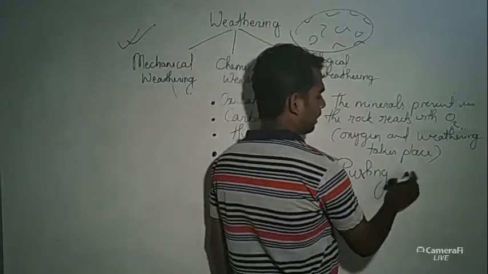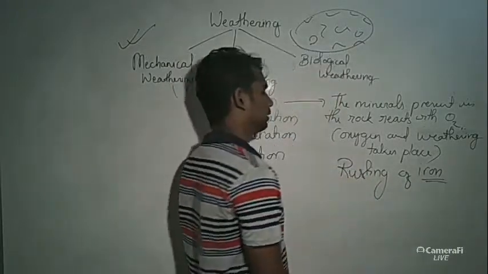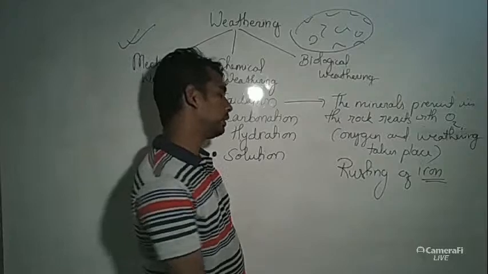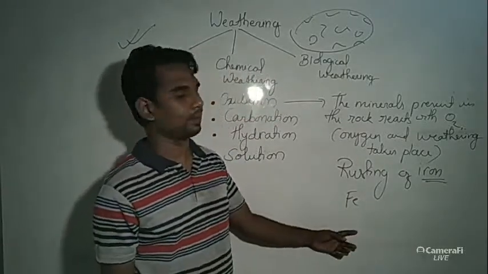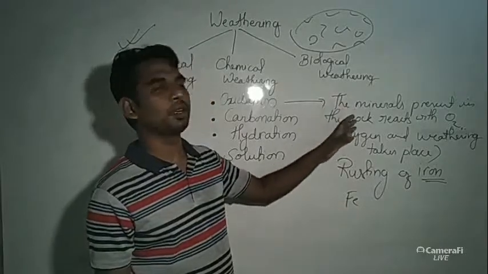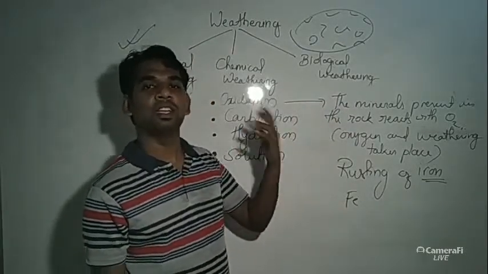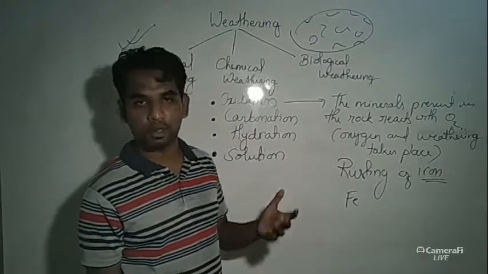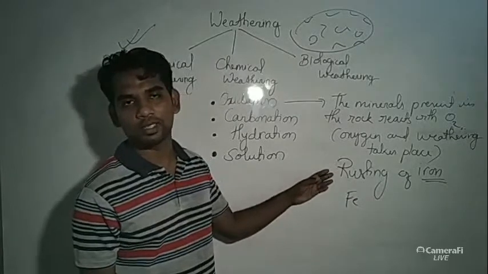Rusting of what? Iron. Clear? So iron, Fe, ferrous. When iron is present in any rock and reacts with the oxygen present in the atmosphere, it slowly starts rusting.